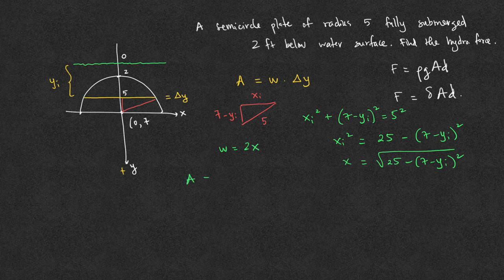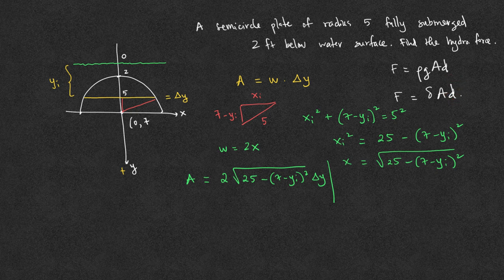And so the area is the width, which is 2x, but x is the square root of 25 minus (7 minus y sub i) squared, times the thickness, which is delta y. And so in this formula, we have the density, which is 62.5 pounds per cubic foot. The area is 2 times the square root of 25 minus (7 minus y sub i) squared times delta y. We still need the depth.